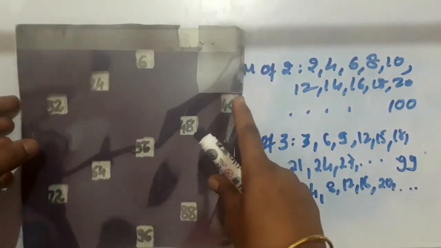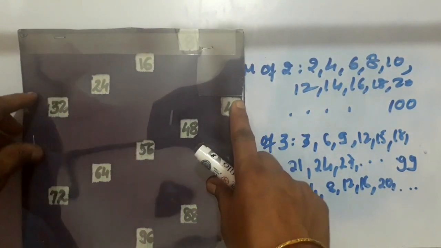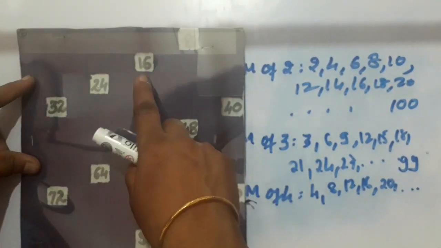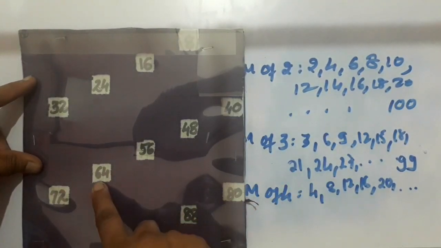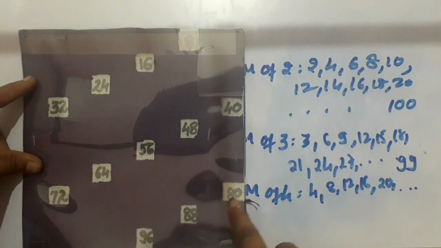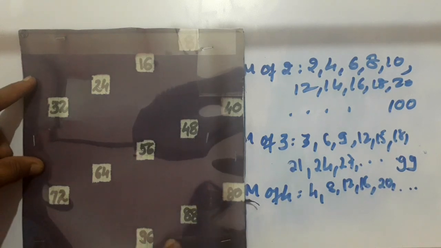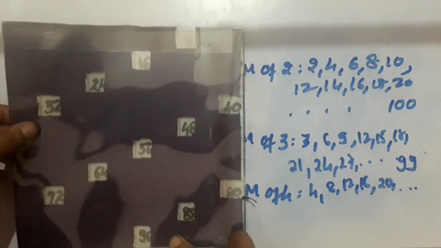So here you can see multiples of 8. 8, 16, 24, 32, 40, 48, 56, 64, 72, 80, 88 and 96. They are all multiples of 8 less than 100.